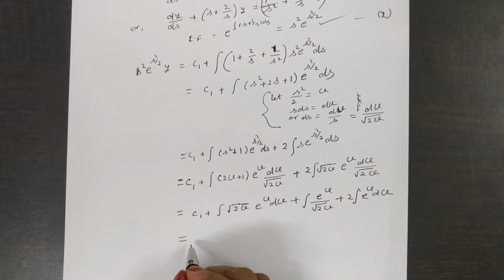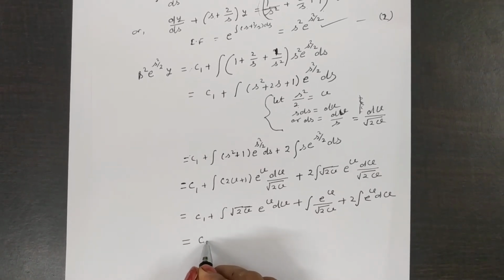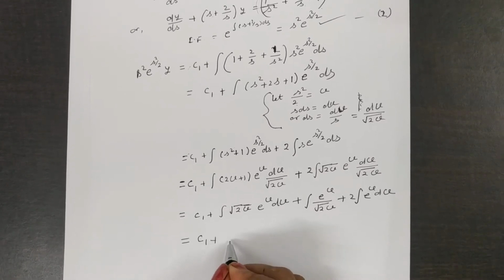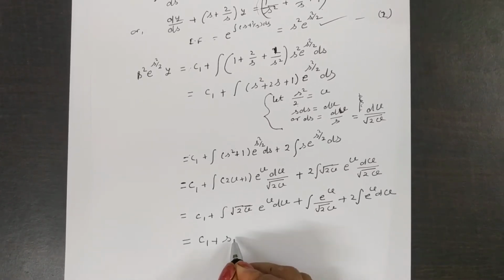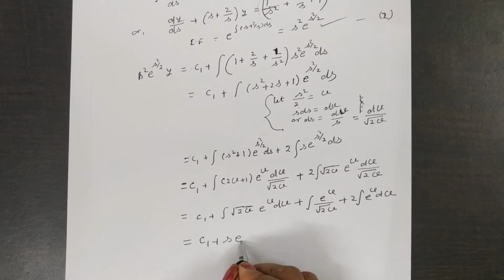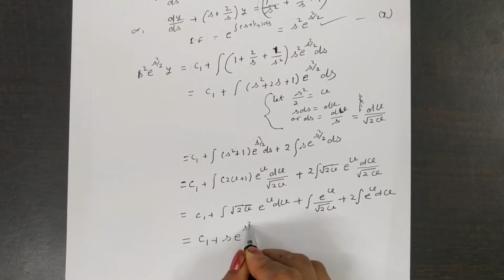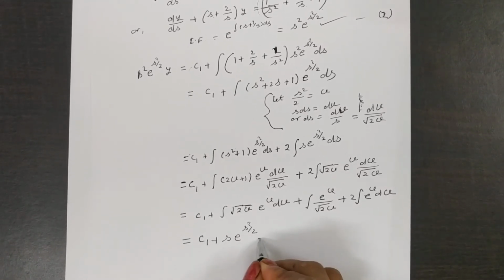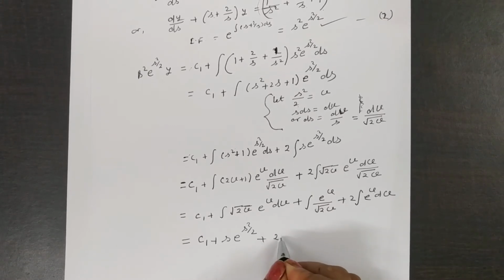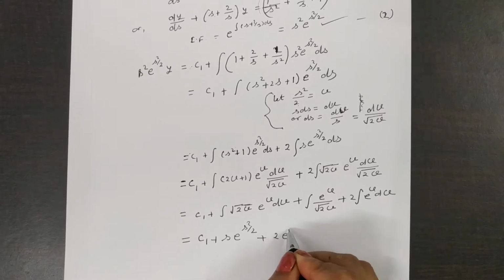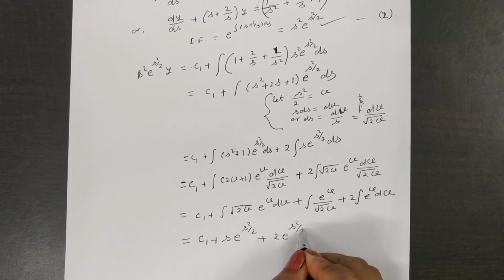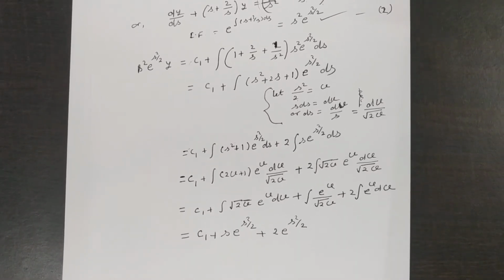c1 plus s e to the power s square by 2 plus 2 times e to the power s square by 2. Okay.